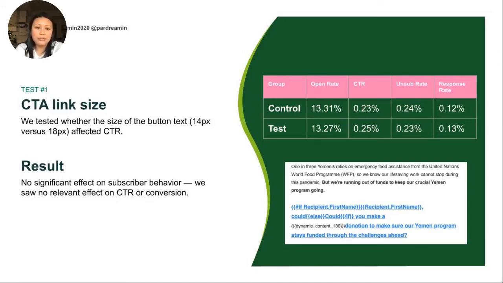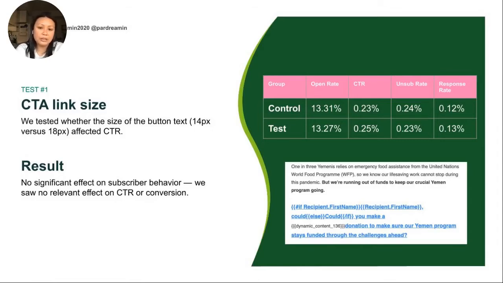We noticed we were off the benchmark for click-through rates by about 0.1 to 0.15%. So we were trying to figure out if we could raise our click-through rates.